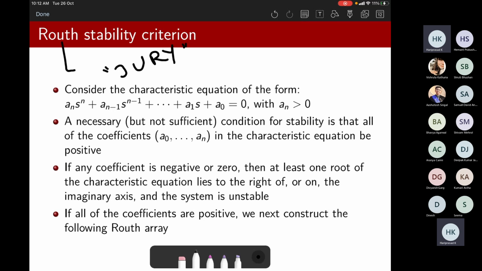It's a problem in mathematics where the roots of an nth order polynomial are located. Routh solved this problem in the continuous domain. Jury solved this problem in the discrete domain.